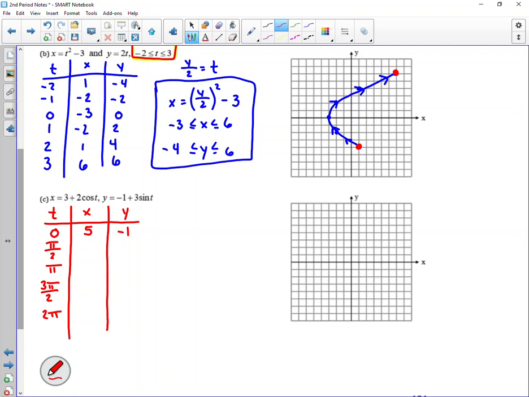Pi over 2 in for x is 3. Pi over 2 in for this one is 2. Pi in for the x function is 1. Pi in the y is -4. 3 pi over 2.